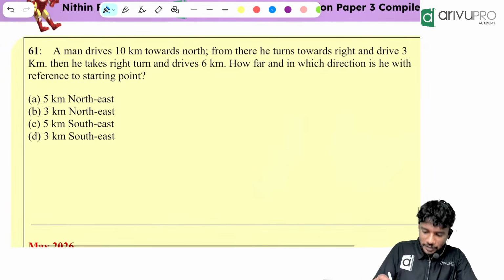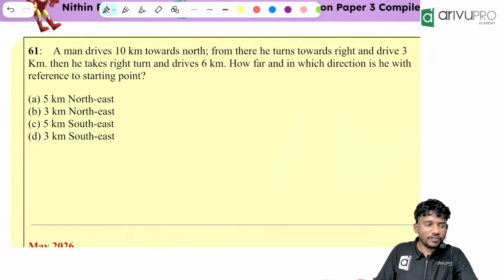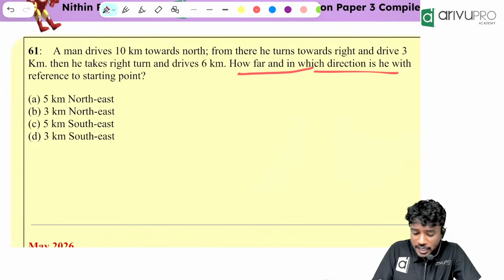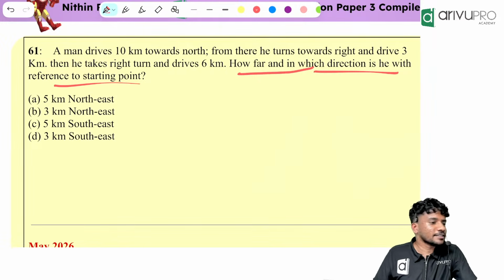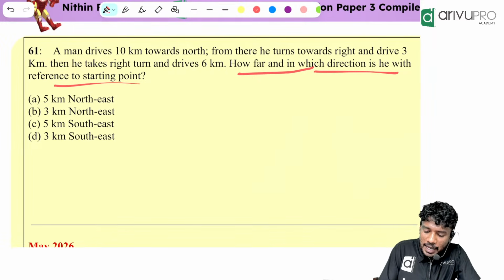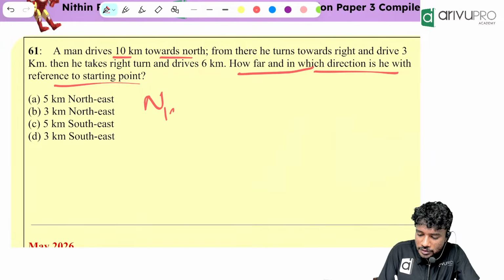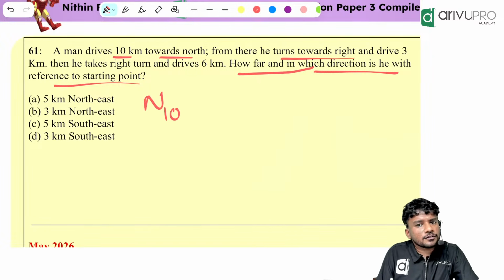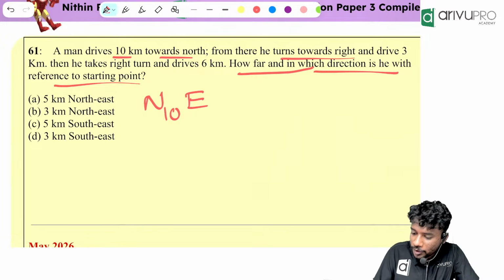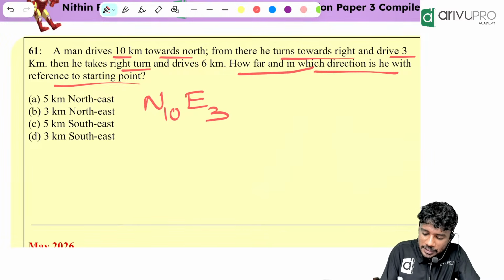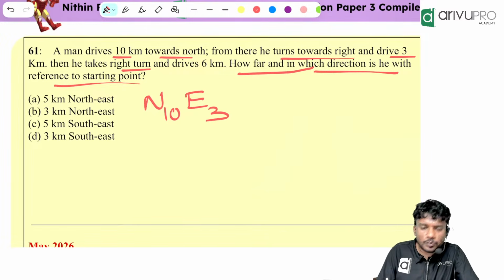Final question of the Jan 2026 attempt. Read the last line: how far and in which direction is he from the starting point? Again, same type, repetition. A man drives 10 km north, then turns towards right. Right of north is what? East. How many kilometers, people? 3 km. Then turns right again. Right of east is what, people? South.